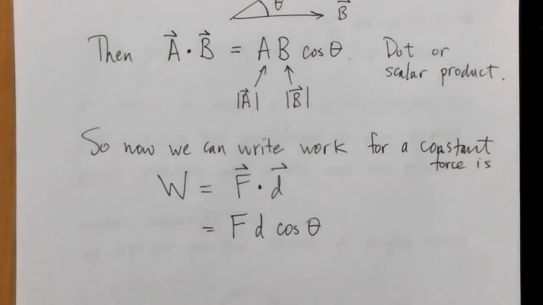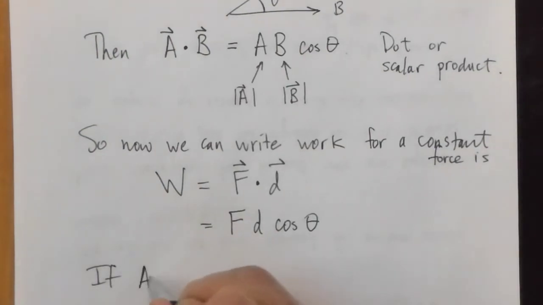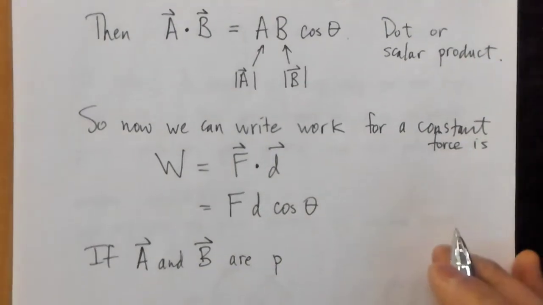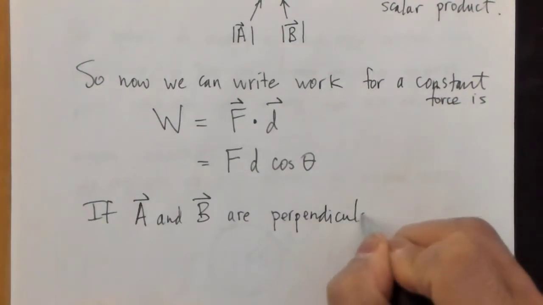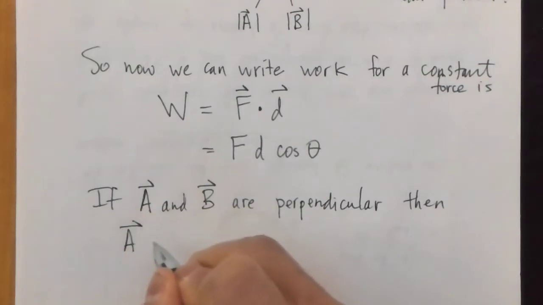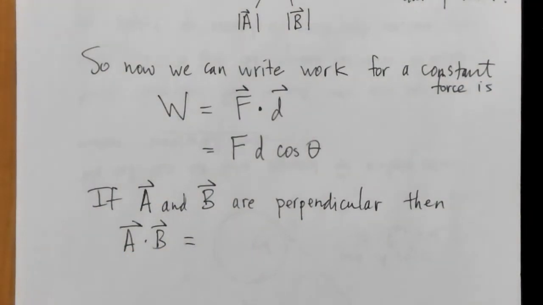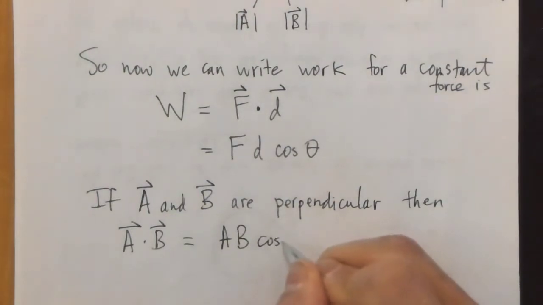Now let's play around a little bit more with dot products. Going back to A and B, if the vectors A and B are perpendicular, meaning they make right angles to each other, then A dot B will be A times B times the cosine of the angle between them.